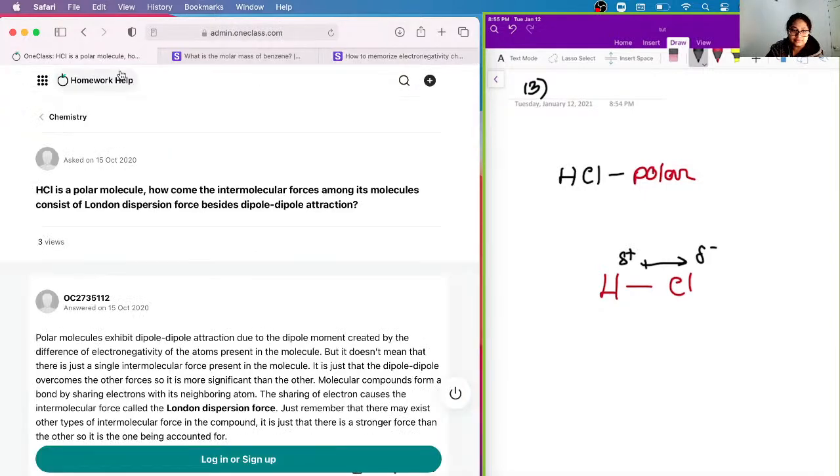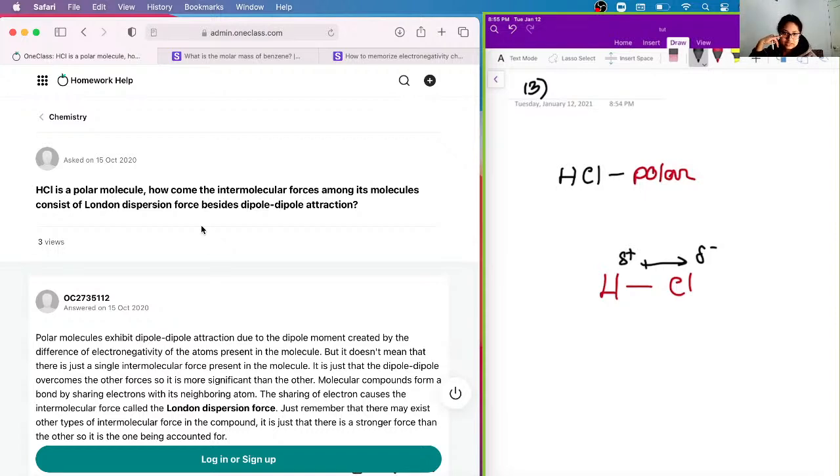And so this is why it is polar, and this is why we have a dipole moment, but it doesn't mean that there's just a single intermolecular force. It is just that the dipole overcomes the other forces, so it is more significant than the others.